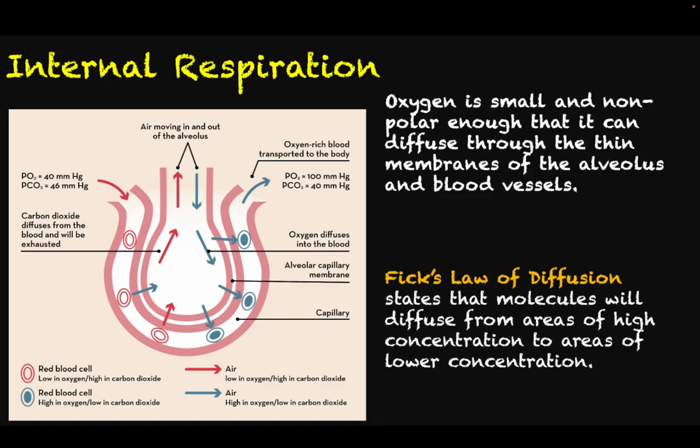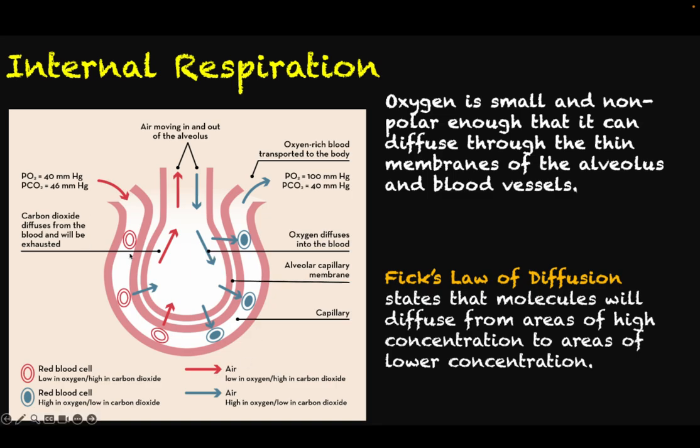And what Fick's law of diffusion tells us about the movement of molecules like oxygen and carbon dioxide is that they generally will only move in one direction, and that direction is dictated by what is called a concentration gradient. Molecules want to diffuse from areas of high concentration to areas of low concentration. This is actually very similar in principle to Graham's law, which said that air moves from high pressure to low pressure. Well, this is high concentration to low concentration.